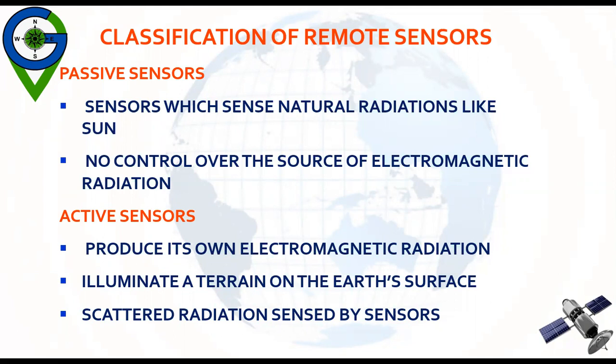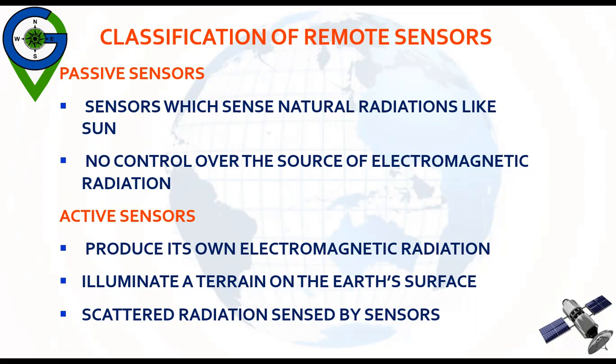Remote sensing systems which measure energy that is naturally available are called passive remote sensing. So passive remote sensors can only be used to detect naturally occurring energy.